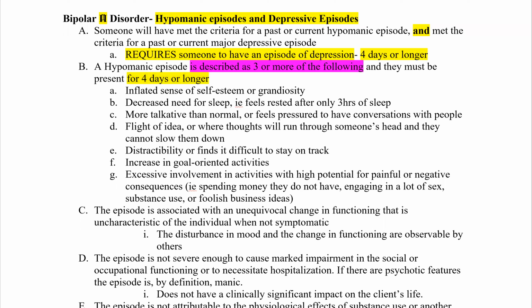So again, bipolar 2, 2 plus 2 is 4, 4 days or longer. Or if you want to think about it in a funnier way, bipolar 2 is the second version. And if you think of movies, the sequel tends to be half of what the first one would have been. So bipolar 2 disorder is half of the first version. So half of a week is 4 days or longer.